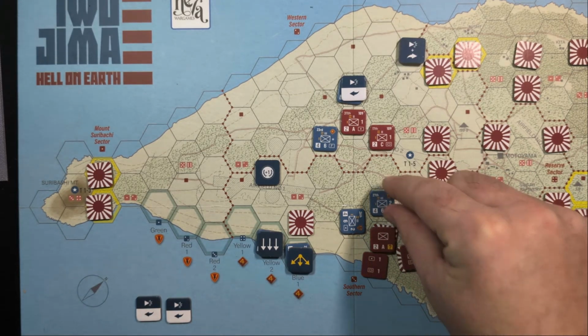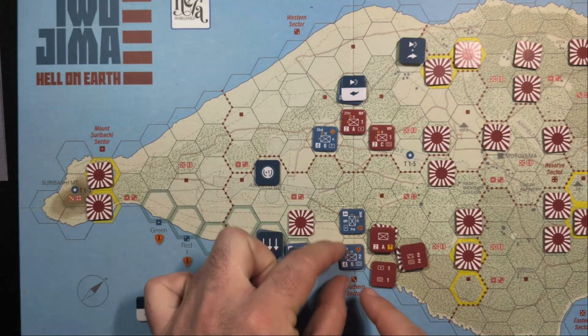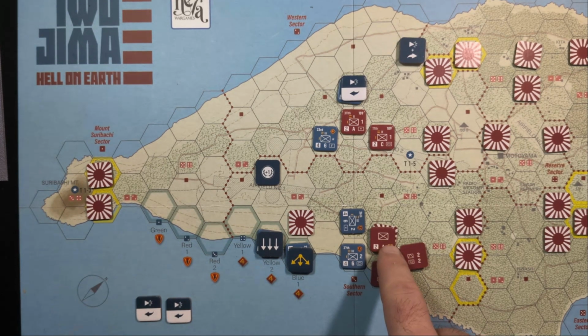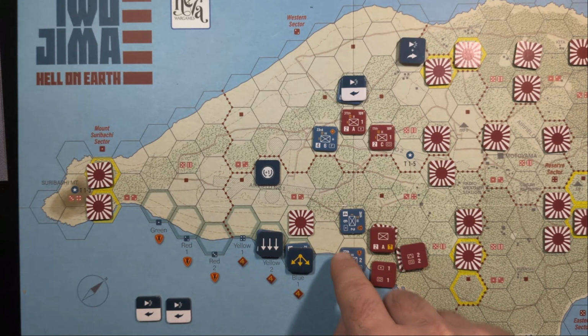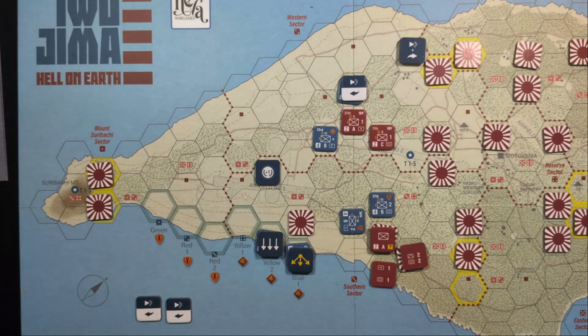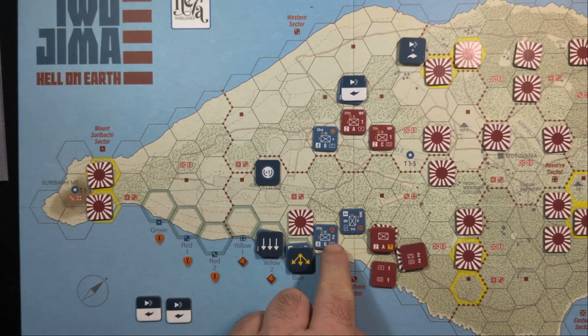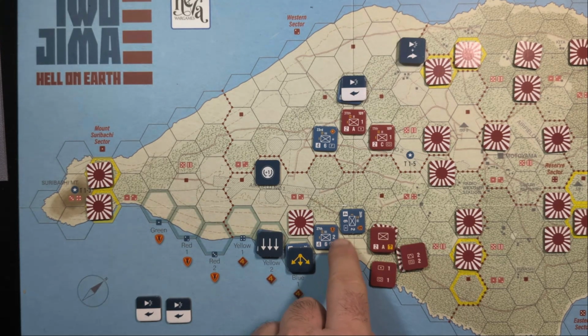But if it's in a different level, for example, if the tanks were being here, they will have a -1 because the enemy is in a higher position than the US unit with the tanks combat support. So it's important also to know that if you are 2 hexes away, you have a -1, and if the enemy is in a higher position, it's another -1, so you're not going to be able to provide support because this value will go to 0.